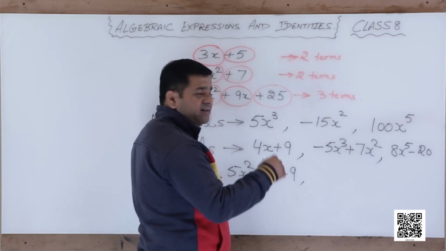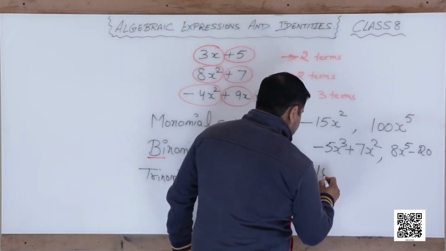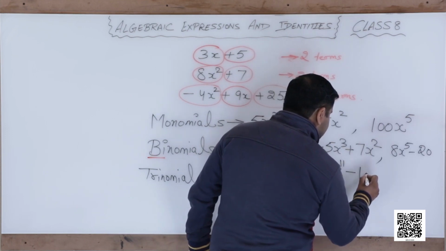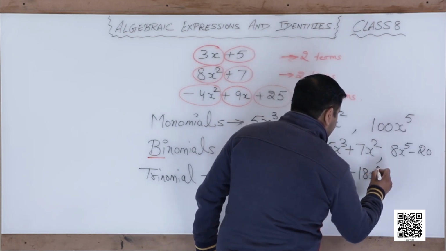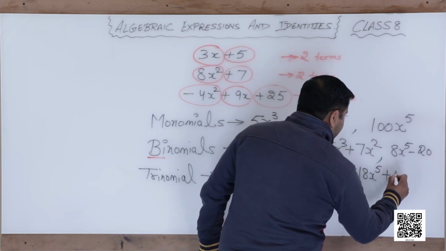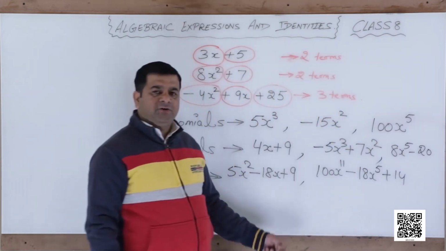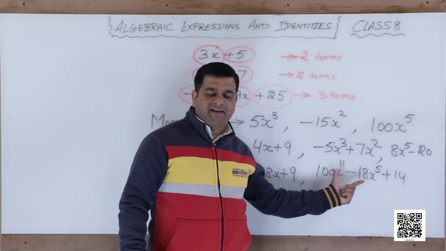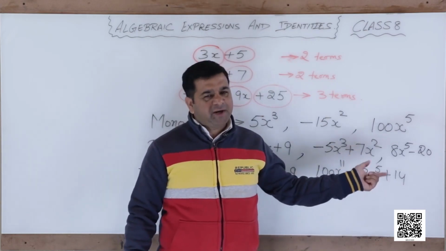Similarly, let's see another expression. 100x raised to power 11 minus 18x raised to power 5 plus 14. Here you can see we have 1, 2 and 3 terms, that is why this is an example of a trinomial.